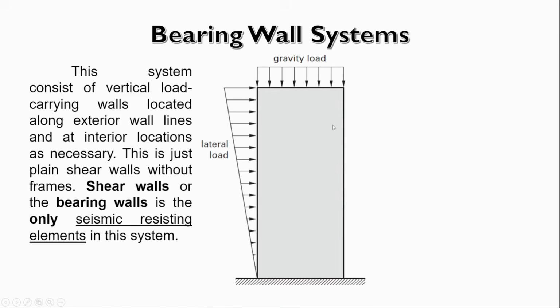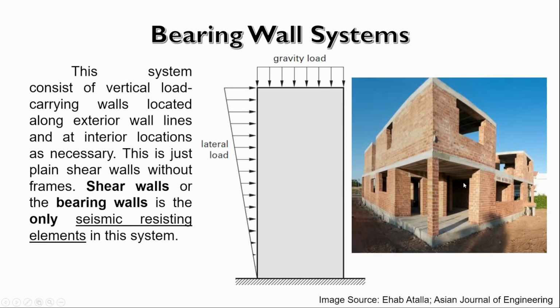As you can see here, gravity load, lateral load, it's just an example. This lateral load is based on soil. Sorry, I just got it from the internet, so don't bother with this one. This is an example of lateral load of soil or water. But anyway, this is an example of a bearing wall system.